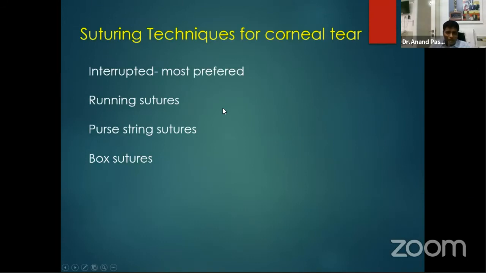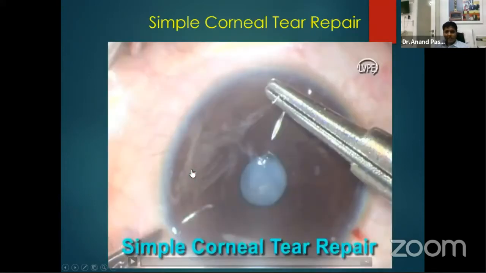So what are the suturing techniques for corneal tear repairs? Primarily, the technique is interrupted corneal tear suturing. That is the most preferred technique. At times, we need to use running sutures or purse string sutures or box sutures, depending on the local tissue factors of the tear.